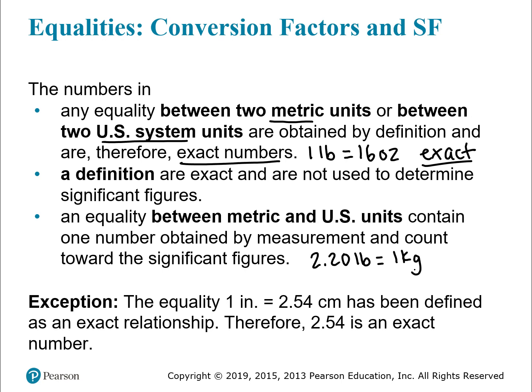So you're going to have a measurement which has significant figures involved in this equality. The one exception is 1 inch equals 2.54 centimeters. That's been defined as an exact relationship.